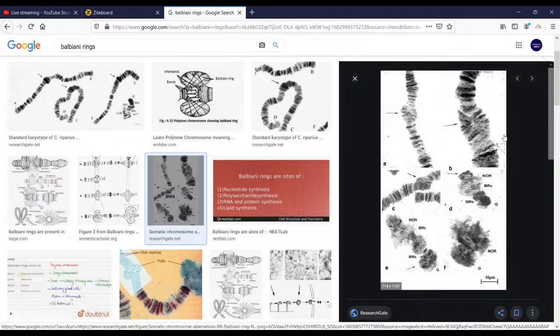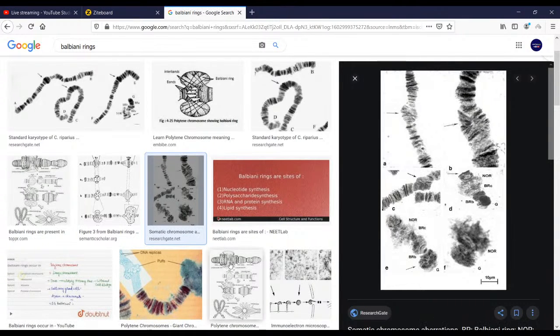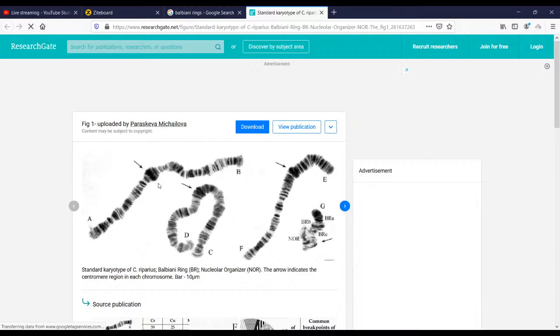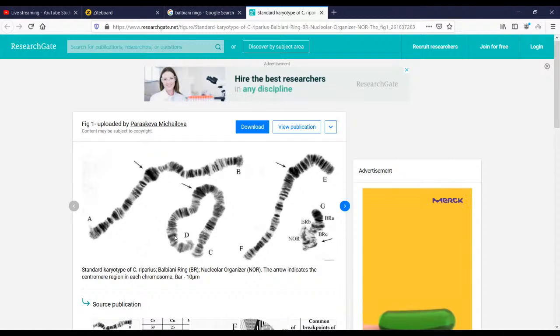We have NOR sites also, the nucleolar organizing region. So you can see this question coming here also. This is a previous year NEET question. You can see this. These are the Balbiani rings, the puffed up rings in polytene chromosomes. You can say BR, Balbiani ring. Okay, these are the Balbiani rings.